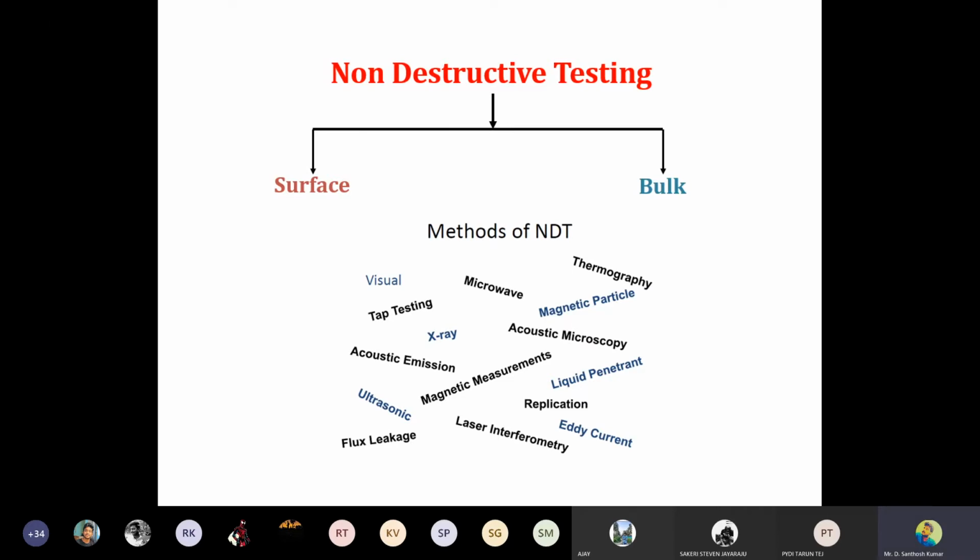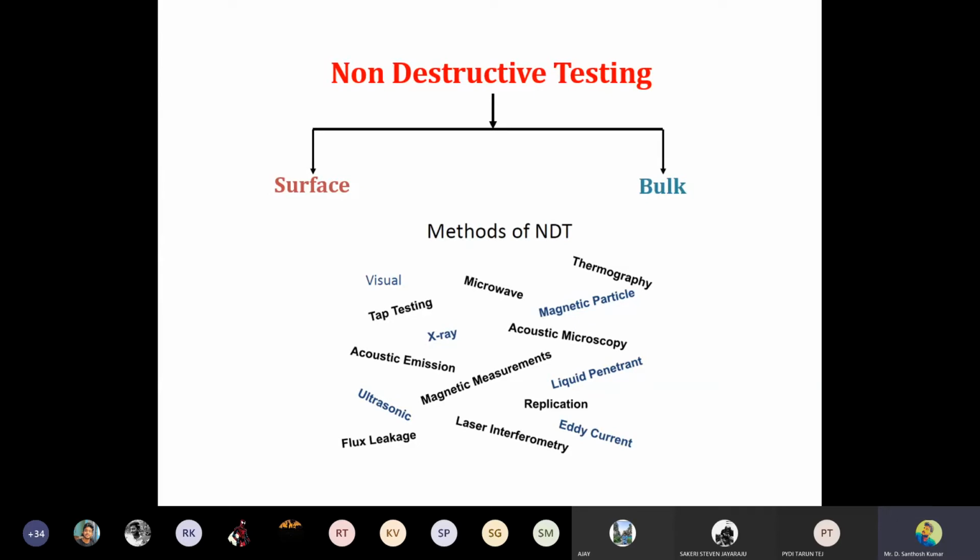This depends on whether the defect or flaw is located on the surface or inside the bulk or volume of the component or material being tested. So how we classify these two kinds of testing methods always depends upon the location of the flaw or defect.